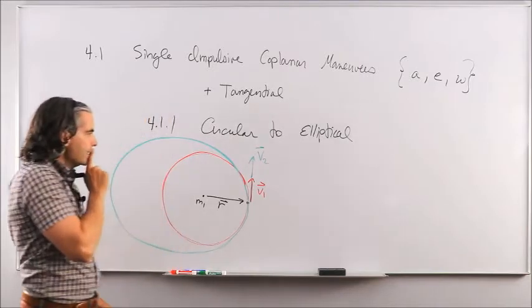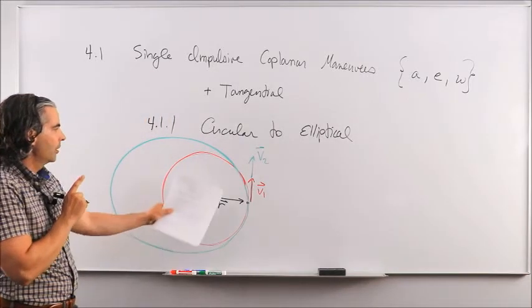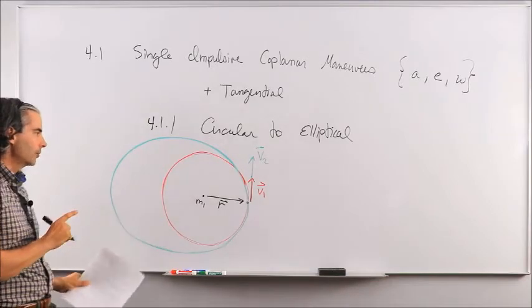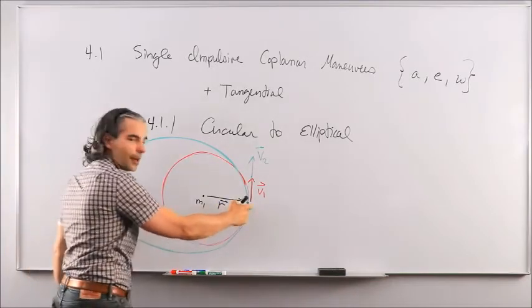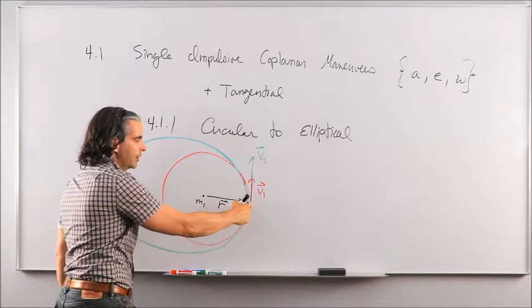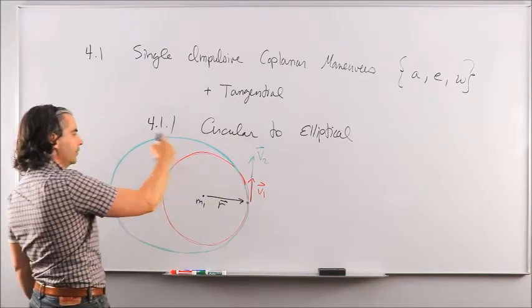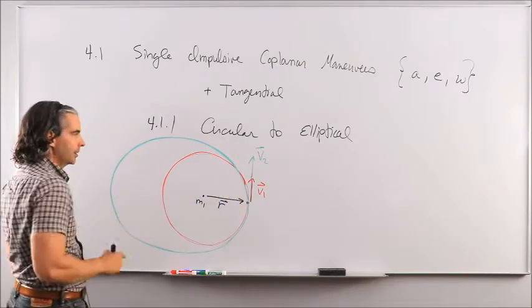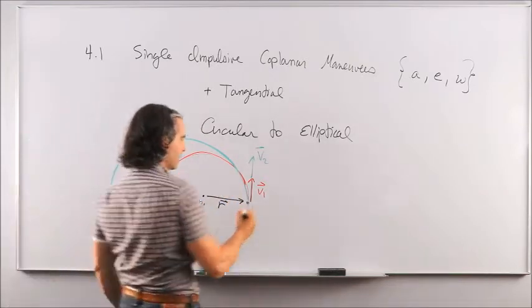such that if you go from a low circular orbit to a high elliptical orbit, it means that the point of application of your orbital maneuver then becomes the perigee of the final orbit, or the perigee of the elliptical orbit, okay?